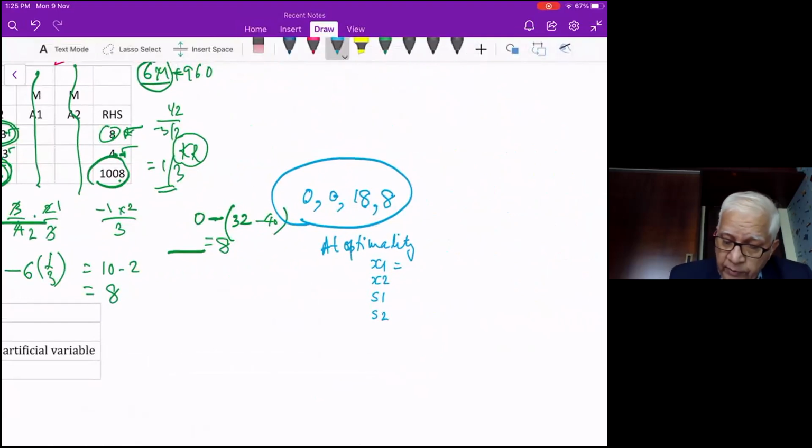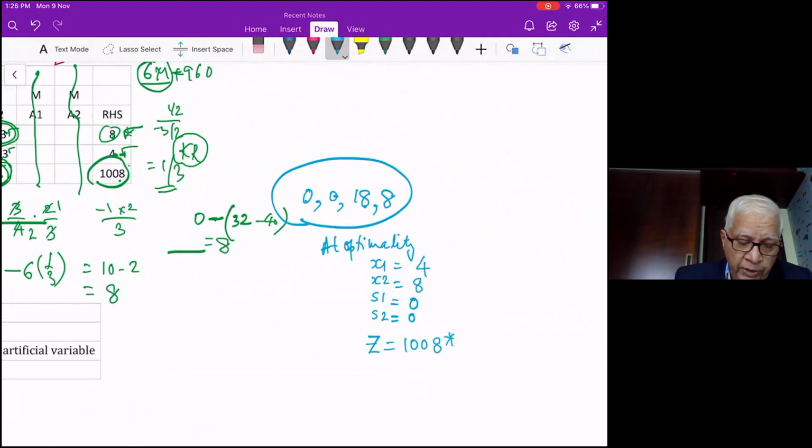So x1 is equal to 4, x2 is equal to 8, s1 not present in the basis. What is not present in the basis is a non-basic variable, and a non-basic variable is always at a 0 value. S1 is 0, S2 is 0, and zeta value is 1008 with an asterisk to show.